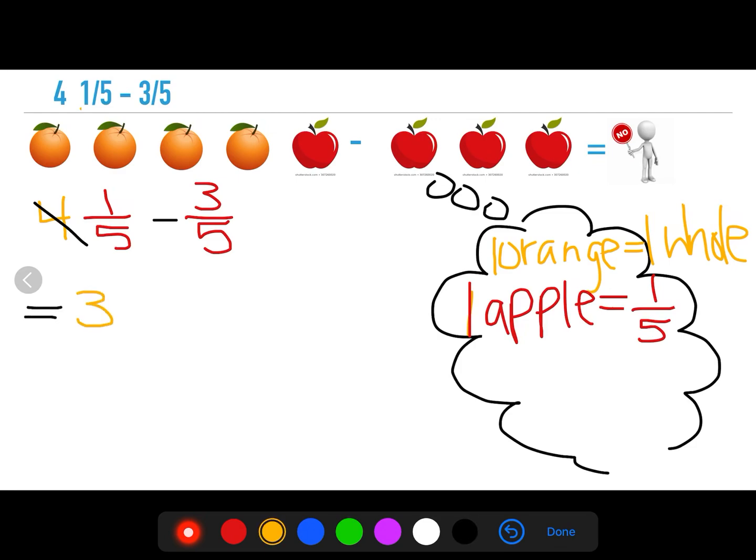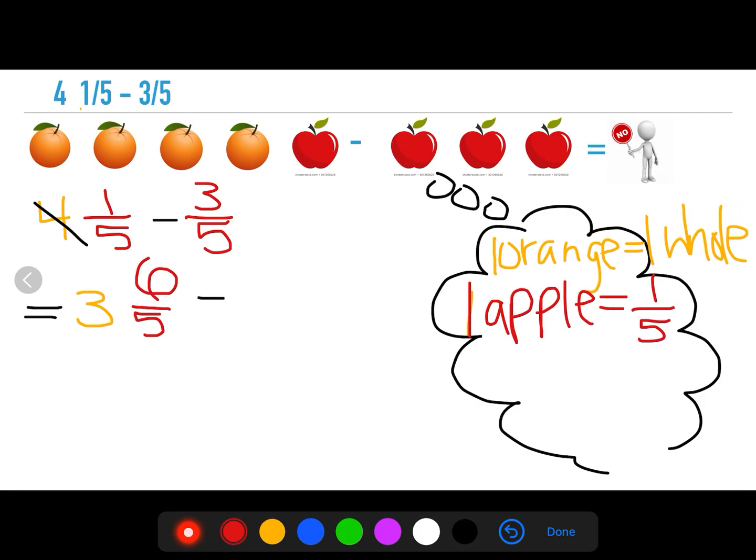Now, you guys, I now have 3 oranges. And I gave 1 orange, or 1 whole, to my apples, or to 1/5. So I gave my apples 5/5 because 1 whole equals 5/5. How many fifths do I now have if I added 5/5 to 1/5? Awesome job. I have 6/5.